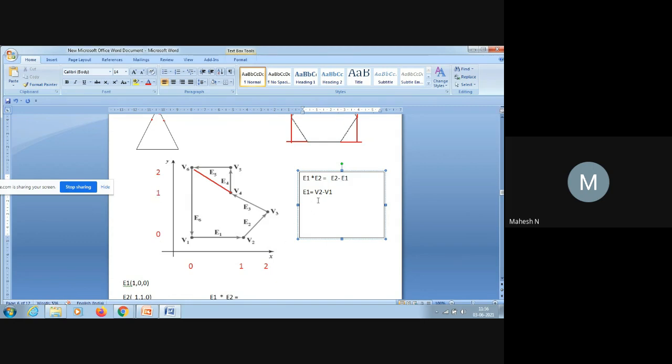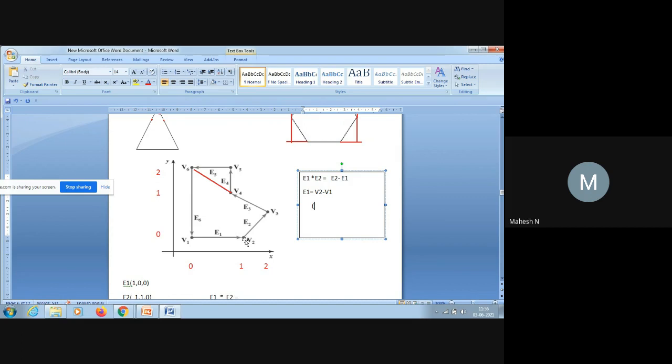So now what are the coordinates of V2? That is, for my vertex V2, what is the position of x, y and z? This is my V2 vertex.